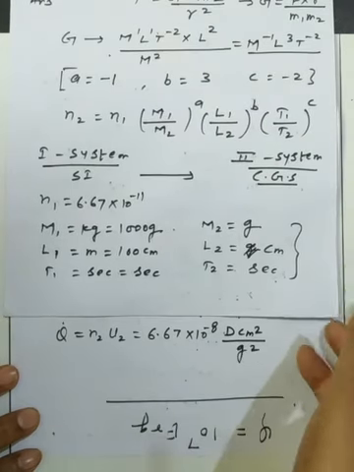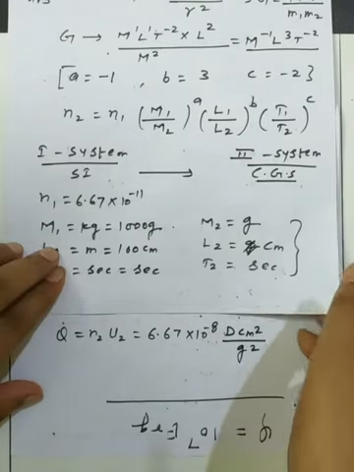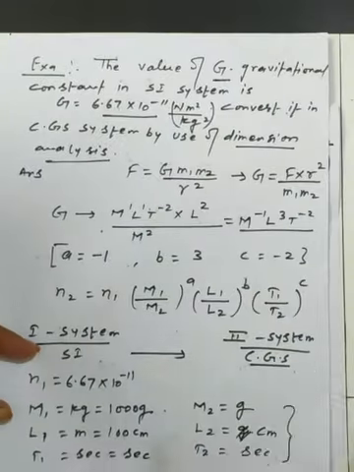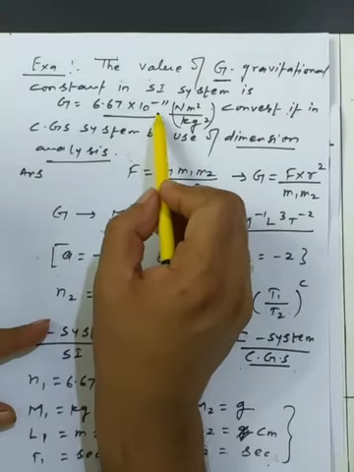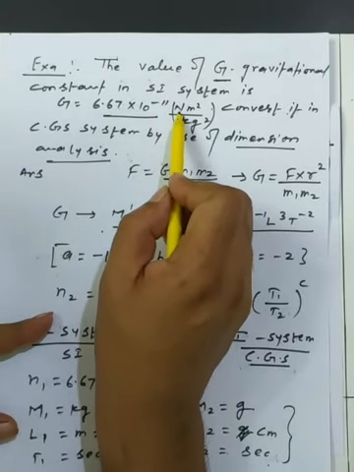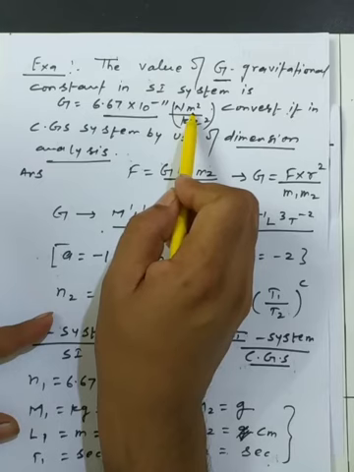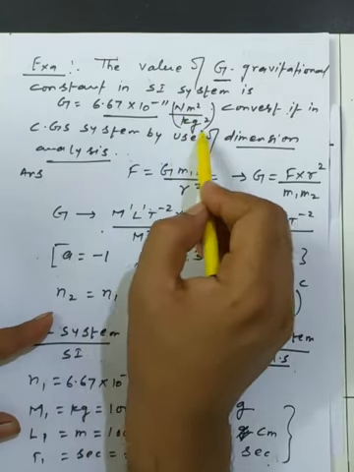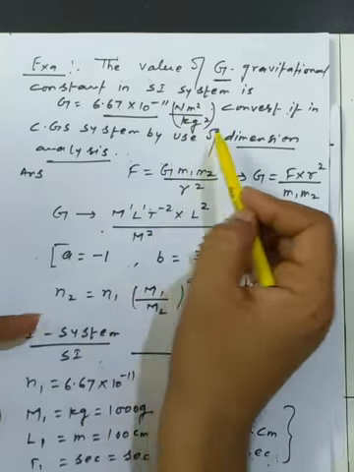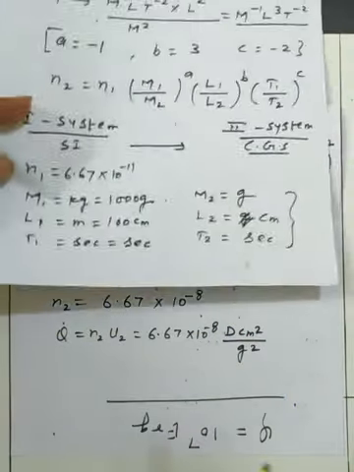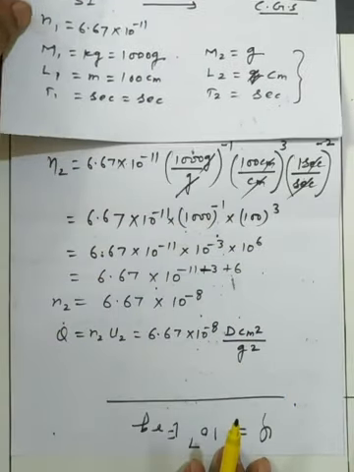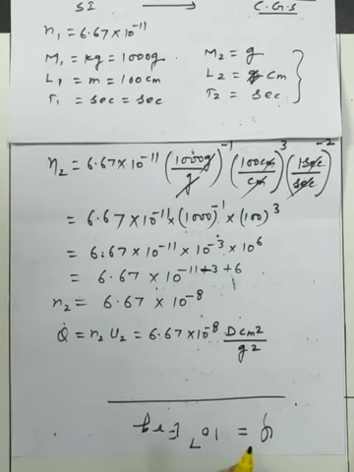So a suitable unit system should be used. We are converting Newton into dyne, meter into centimeter, and kilogram into gram. This is another method we have used to convert one unit system into another, so proper dimensions have to be used here.